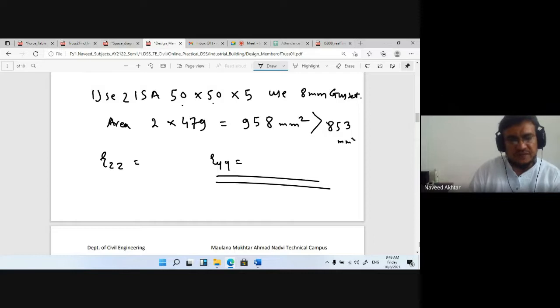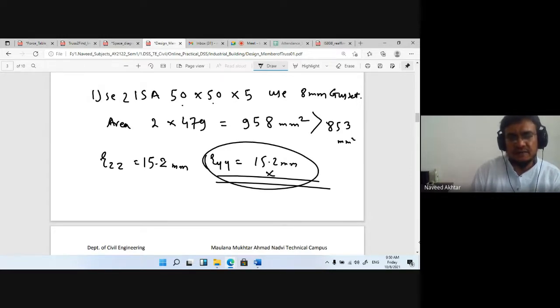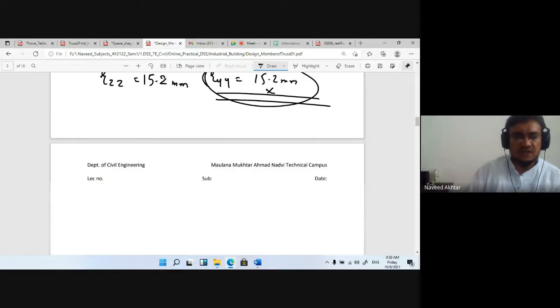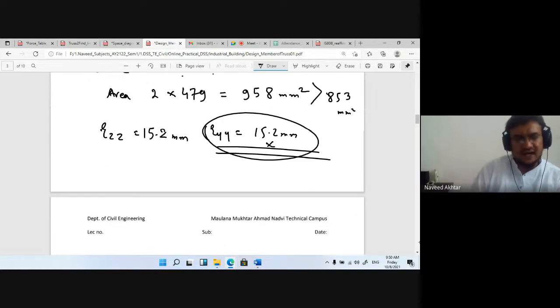So it is 1.52 cm, and 15.2 mm. But by parallel axis theorem it will be different for a double angle section. So I will take that rzz as r minimum, that is 15.2 mm. Okay.